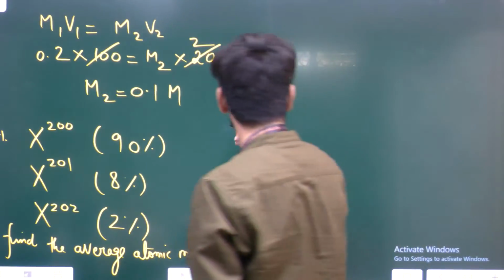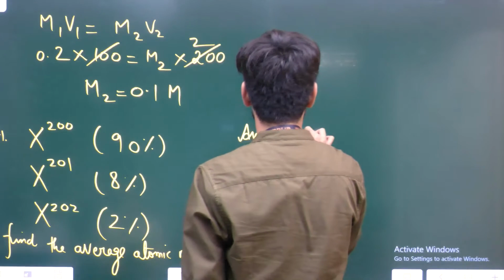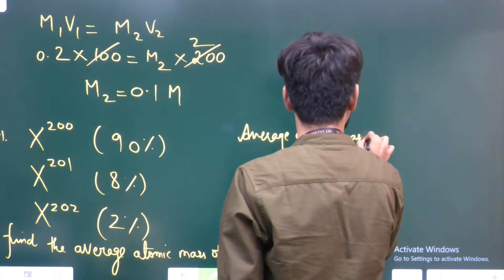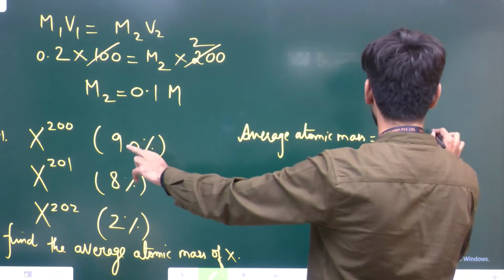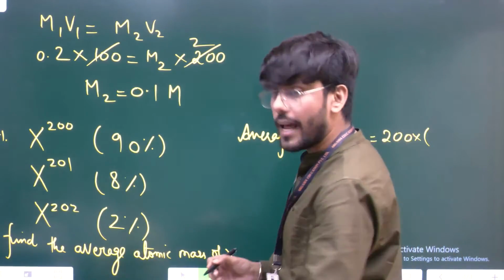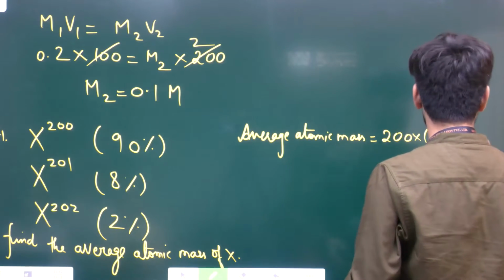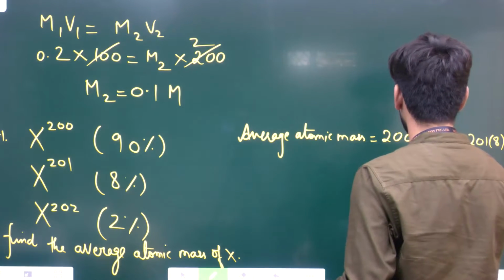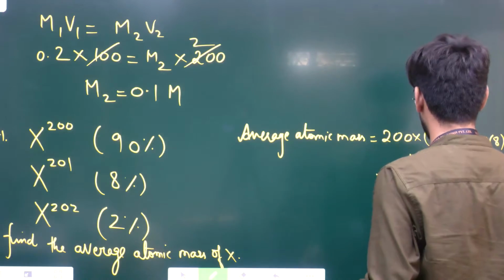Chalo, look here. So average atomic mass, this is simple. Average atomic mass is equal to the mass into its natural abundance, which is 200 into 90, plus 201 into 8, plus 202 into 2, divided by 100, because this is percentage.